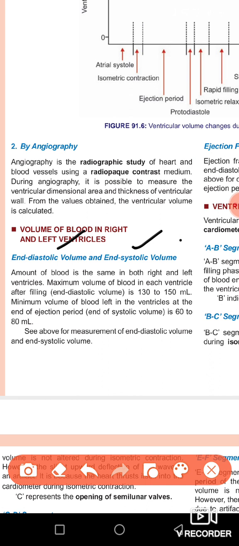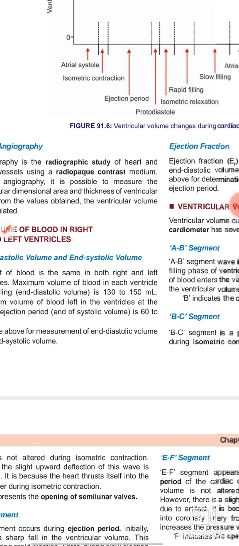The end diastolic volume is about 130 to 150 ml in each ventricle. At the end of the ejection period, the end systolic volume is about 60 to 80 ml.